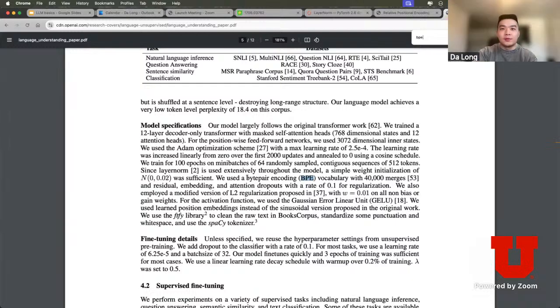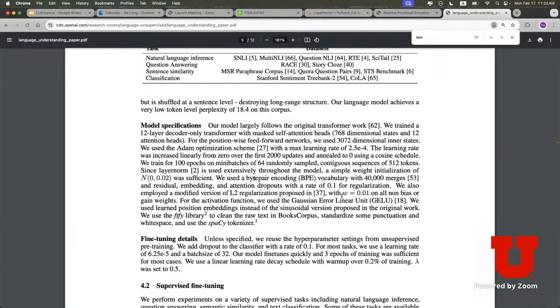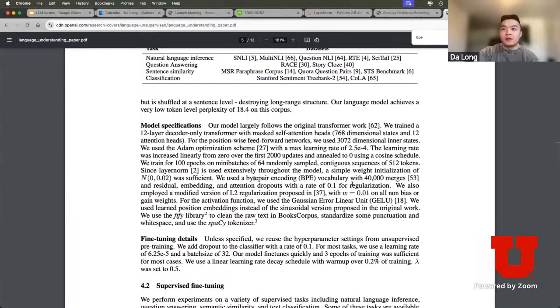In this paper, I think it's different from word-level embedding. It's more like a byte. It's definitely not a word level embedding.